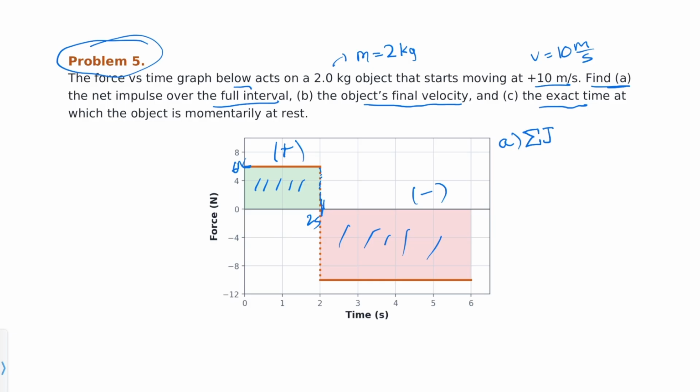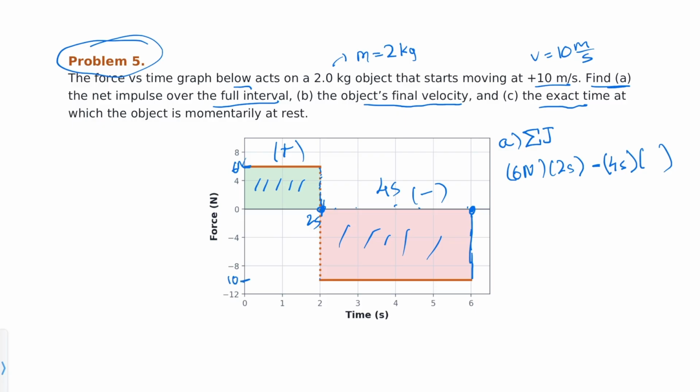So the positive area here would be 6 newtons times 2 seconds minus, what's this going to be? The area of the negative side, right? I already put the minus here, so I don't need to put a minus inside the other brackets as well. So from 2 seconds to 6 seconds, that's 4 seconds, that's how wide it is. 4 seconds times what's the height here?